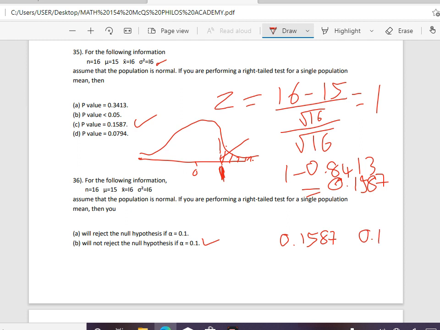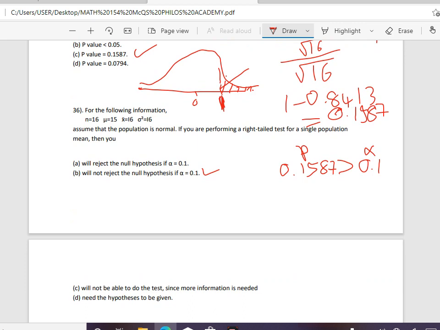You will say the p-value is greater than the level of significance. And according to the decision rule, whenever the p-value is greater than the level of significance, we fail to reject the null hypothesis. So at 0.1 significance, we will fail to reject the null hypothesis. So the answer is B.